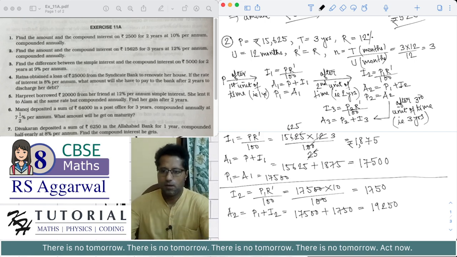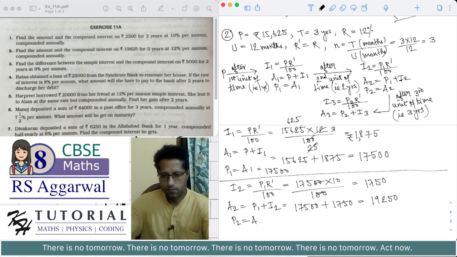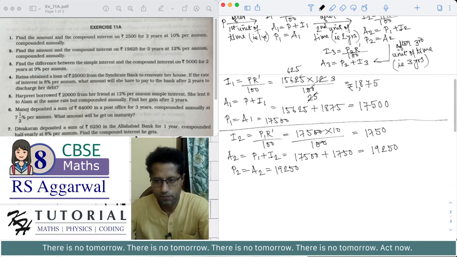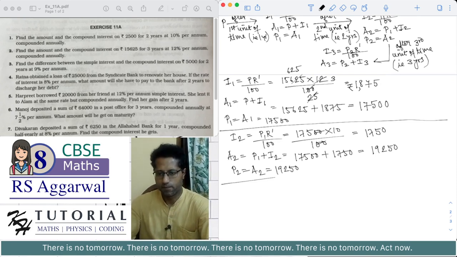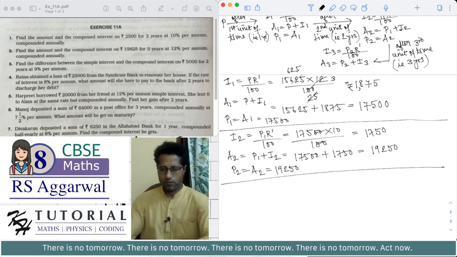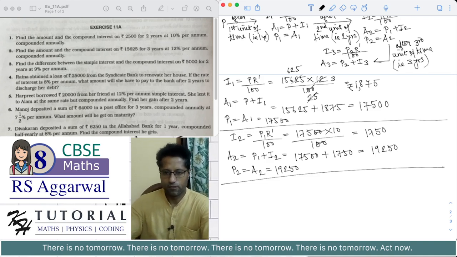So this is the amount at the end of the second unit of time, and P2 will be equal to A2, which is 19250. So this is the calculation of interest amount and the next principal at the end of the second unit of time. Finally we will do the last calculation of interest and amount at the end of the third unit of time.